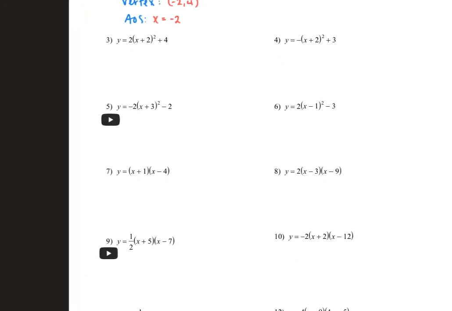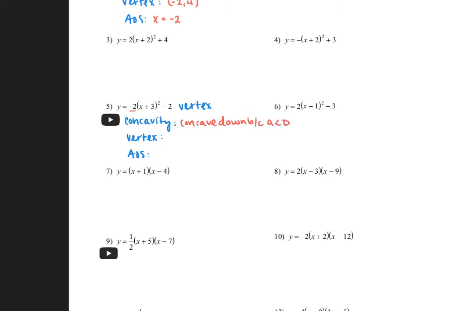All right, number 5. Number 5 is also written in vertex form. And it's going to tell us 3 things: concavity, vertex, and axis of symmetry. So concavity, looking at A, since A is negative, it's concave down because A is less than 0.